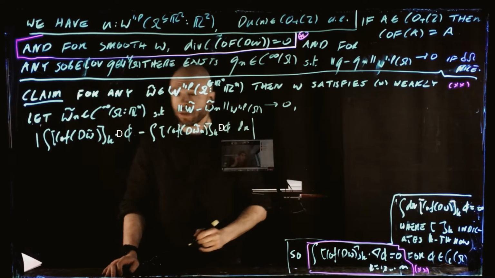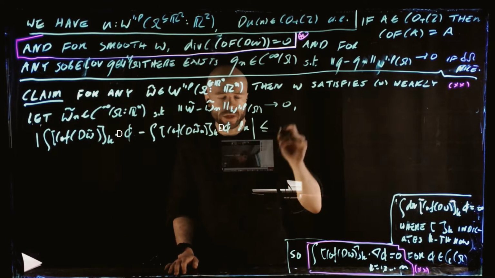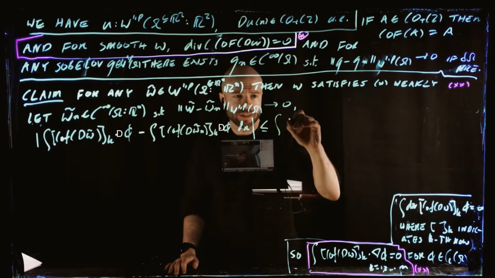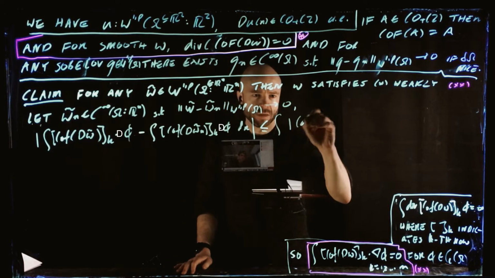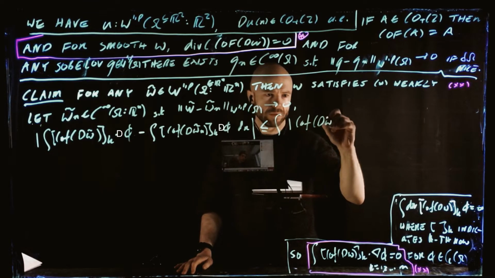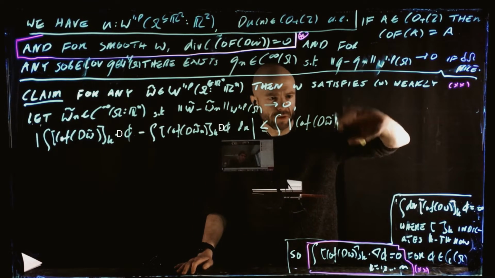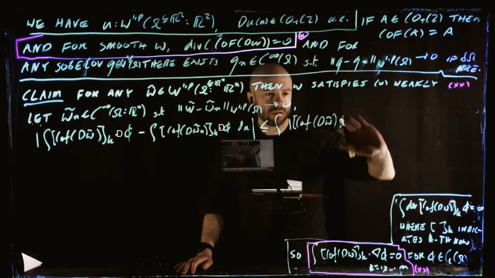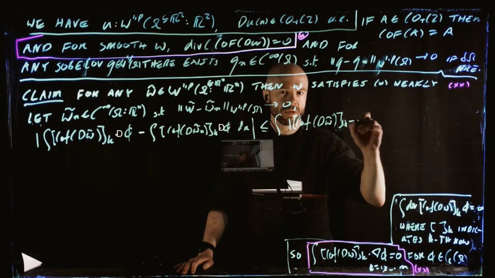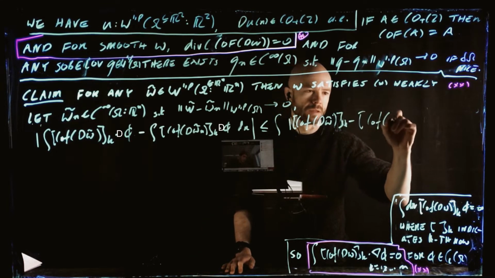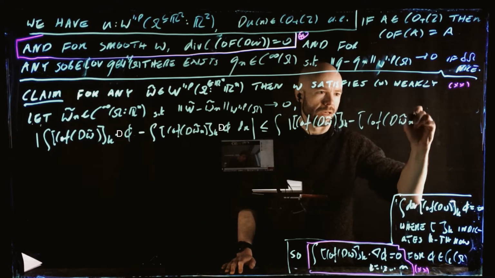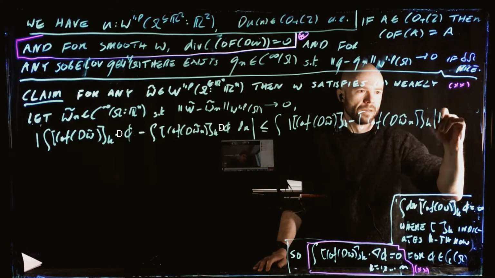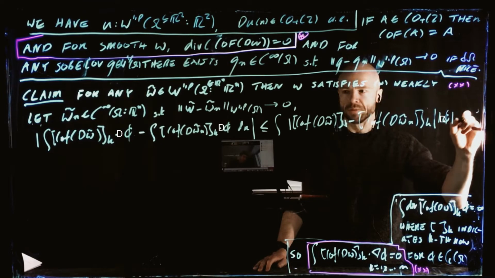All right, and then this thing is less than, let's maybe do it like this. Let's put the absolute values inside. The cofactor of the w tilde, the kth row, minus the cofactor of the w tilde n, the kth row, like this, and then this test function, dx.